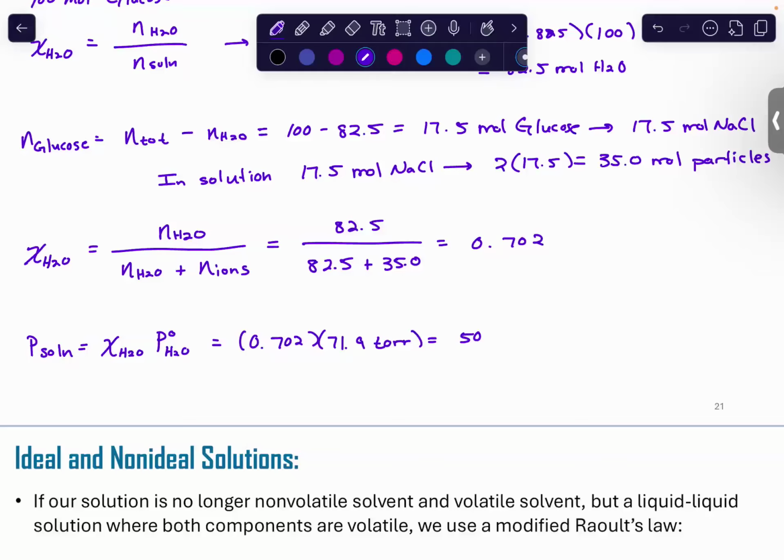So this time we'd have 50.5 torr as our vapor pressure of solution, which is less than the vapor pressure of the sugar solution. Because the solute you put in broke into constituent components, whereas the glucose did not. So now you have more non-volatile components in the solution, and that's naturally going to decrease the vapor pressure.